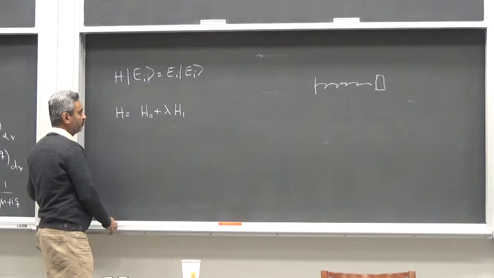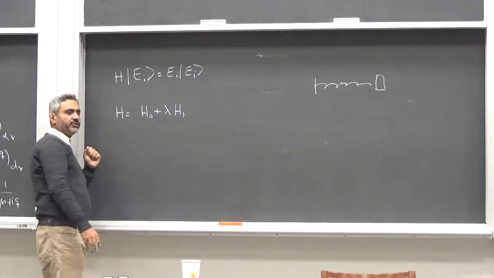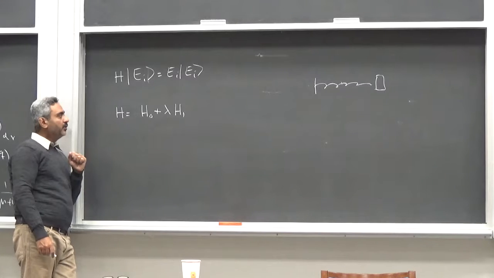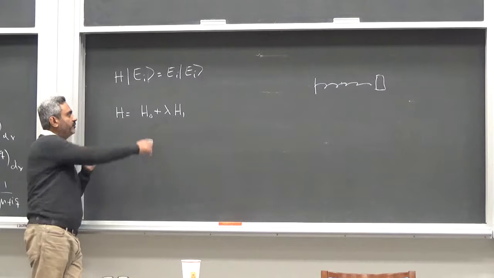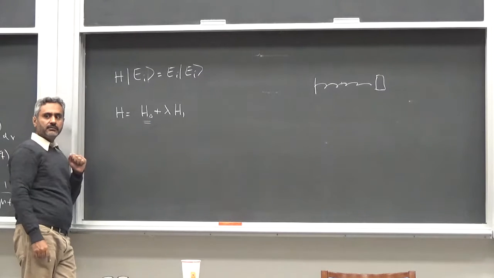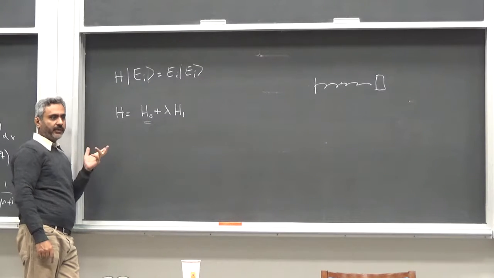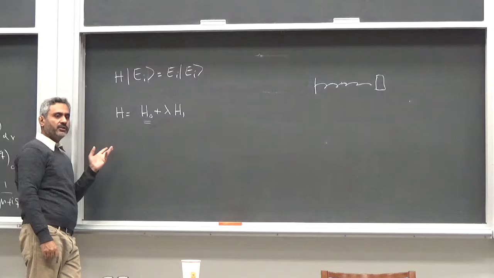For example, if you're doing non-degenerate perturbation theory, right, it means that this is non-degenerate. For example, a simple harmonic oscillator in one dimension will be non-degenerate.